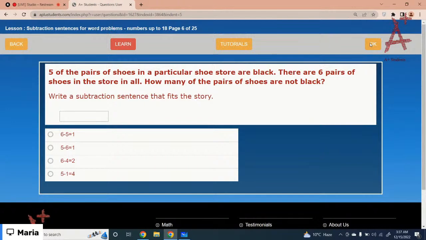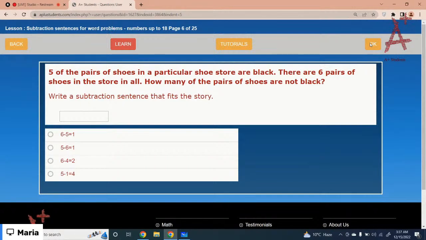5 of the pairs of shoes in a particular store are black. There are 6 pairs of shoes in the store. In all, how many pairs of shoes are not black? Got it? You have to calculate the number of shoes that are not black.